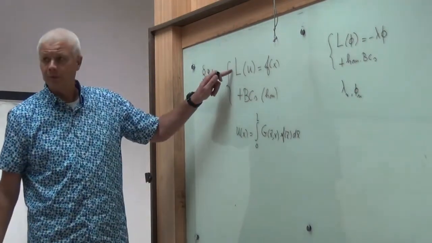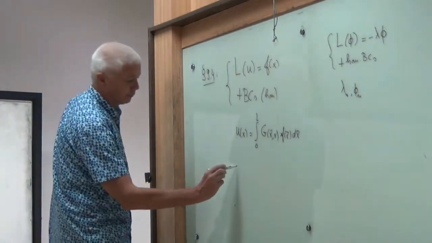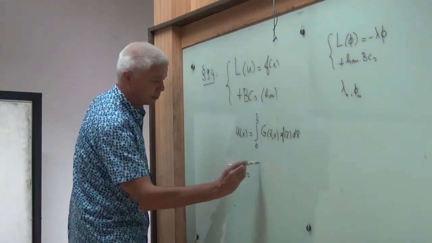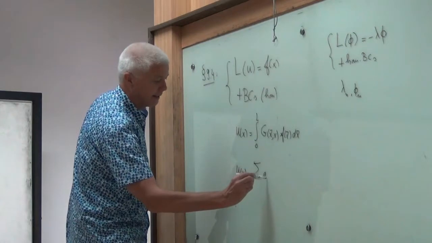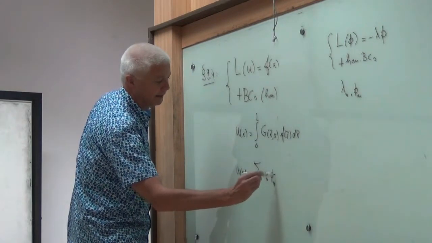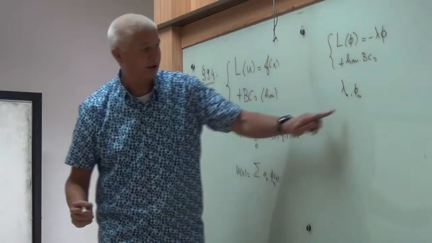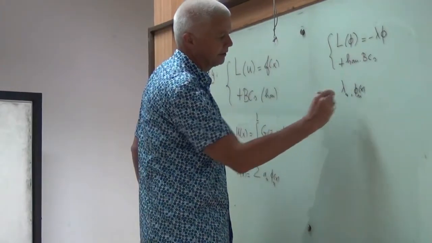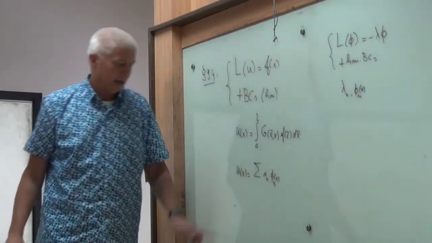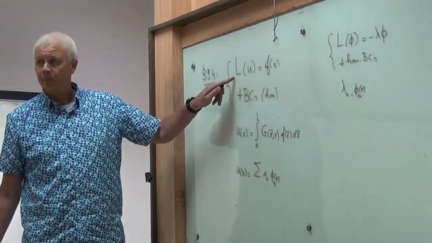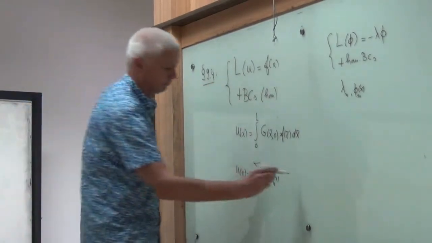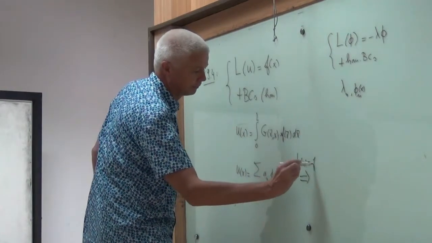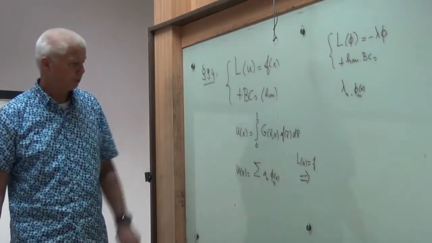And to solve this problem, you might say, okay, I'm going to look for a representation also in the form of a sum a_n times phi_n(x), where phi_n(x) are the eigenfunctions that we found here. So these are depending on x, and a_n is just a constant. Then we substitute that into our problem, Lu is f.